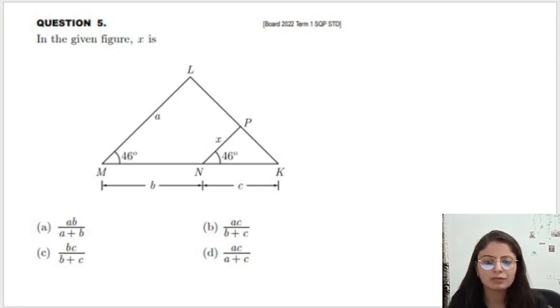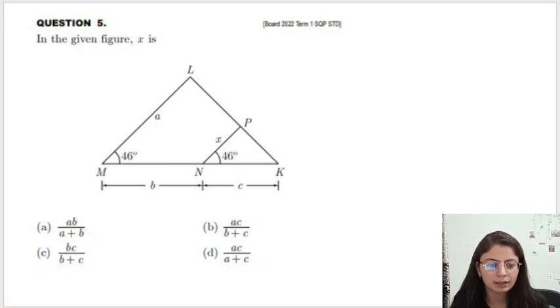Now let's move on to the next question. So in the given figure find x. Okay, so यहाँ पे हमें x की वैल्यू निकालनी है. So you have this figure. ठीक है. सो अगेन हम सिमिलैरिटी यूज करेंगे. सो इस ट्राइंगल में हम क्या ऑब्जर्व करते हैं, we have two triangles, this smaller triangle PNK and this big triangle LMK, right. सो आर दीज टू ट्राइंगल सिमिलर? एक तो हमें ये एंगल दिया हुआ है, that this angle M is equal to angle N, 46 degrees, right.